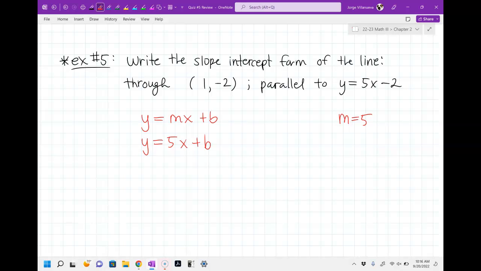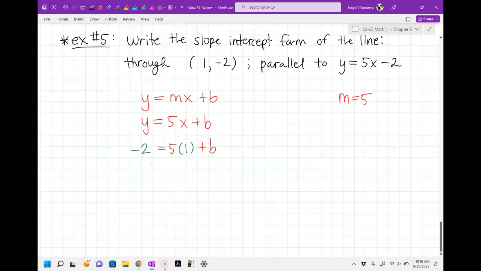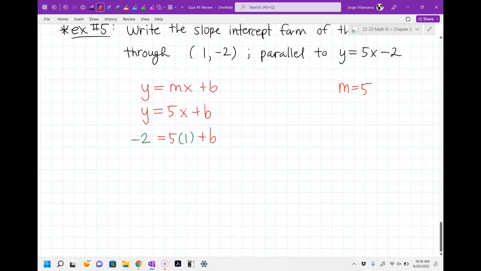Now guess what I do in order to find b? Plug in a point. Notice that's kind of the same thing you do all the time, right? Plug in a point. Let's plug in 1, negative 2. So negative 2 goes here. 5 times the 1 goes here. Plus b. And 5 times 1 is 5.